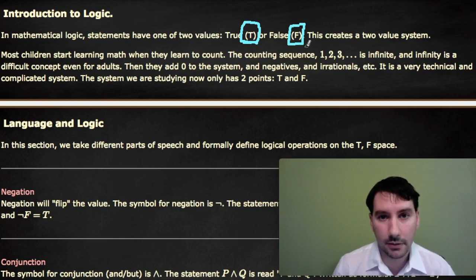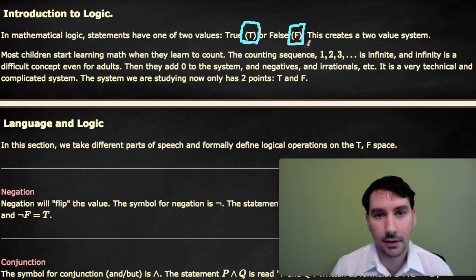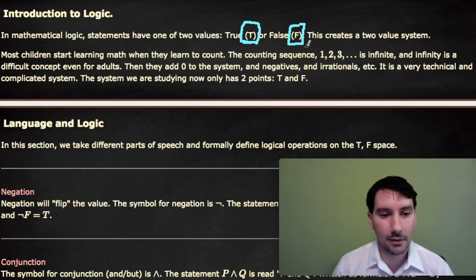And later, as you get older, you learn to add zero and negatives, and eventually irrationals, and all sorts of very complicated numbers into a very technical system. But hopefully, that will make you appreciate that we're only dealing with a system that has two values, T and F. So it sounds simple. It's not going to be quite as simple as it sounds maybe once we start doing mathematics with it, but it's in some sense a lot easier than the regular number system that you're used to.